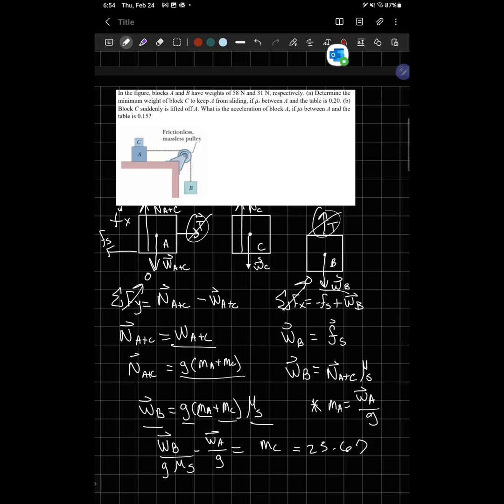Oh, so that's your mass? Yeah, exactly. Weight is not mass. How do I turn it into weight? You multiply it by gravity? Yep. So multiplying it by 9.8, it's going to be around 232-ish.